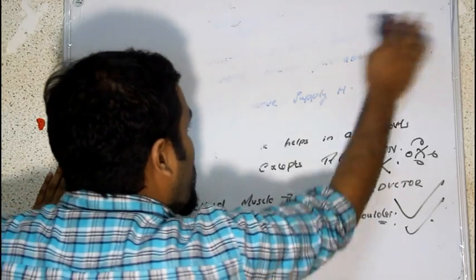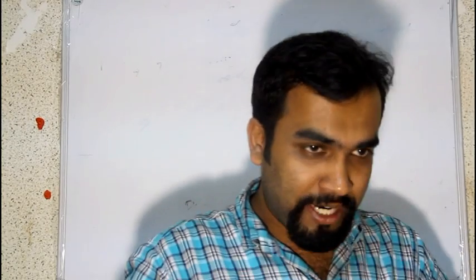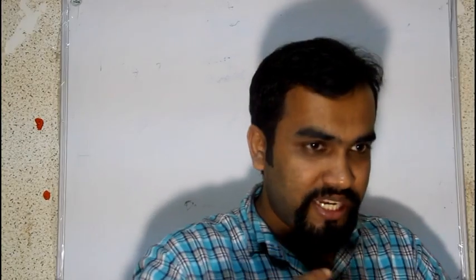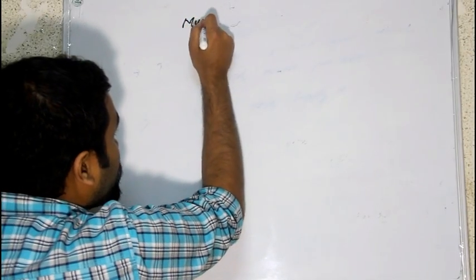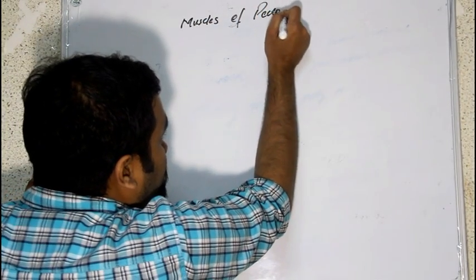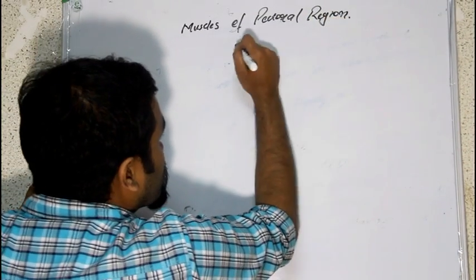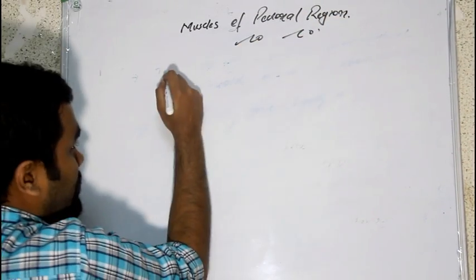Muscles of the pectoral region. Which is our pectoral region? This is our pectoral region. Now we will study the muscles present here in the pectoral region. What are the muscles?